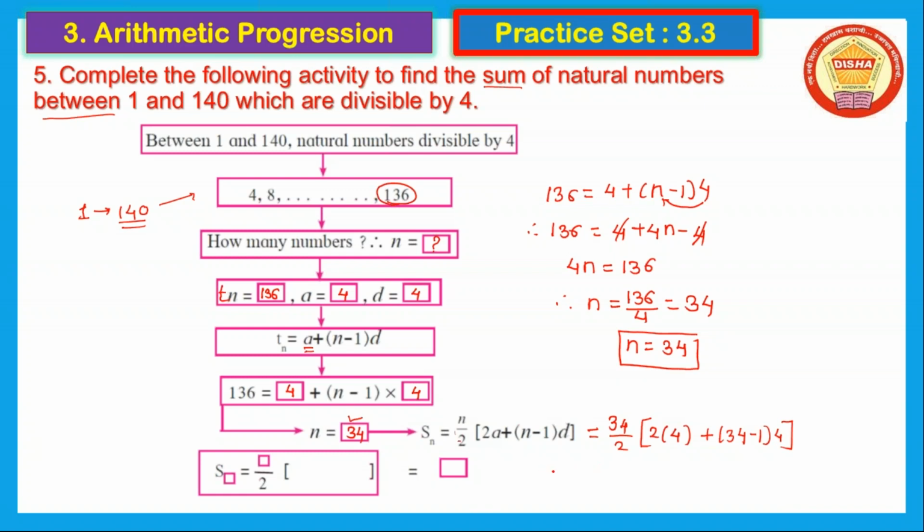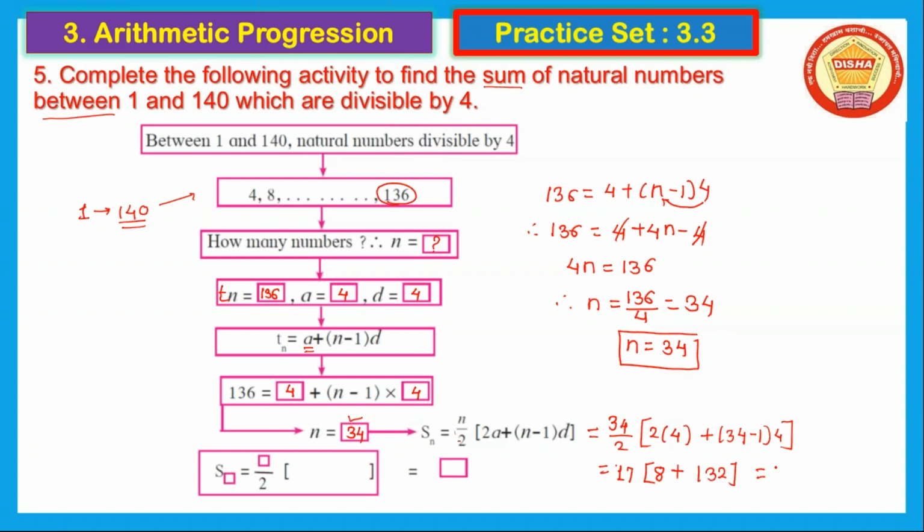We solve this. 34 upon 2 means 17 in bracket 8 plus this subtraction, 33 into 4, that is 132.